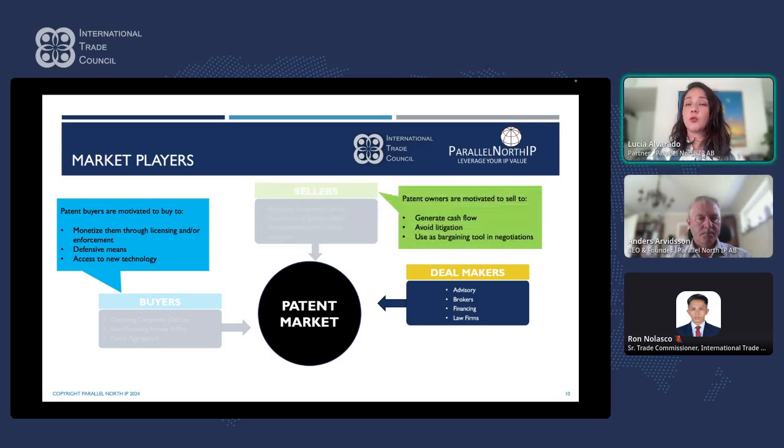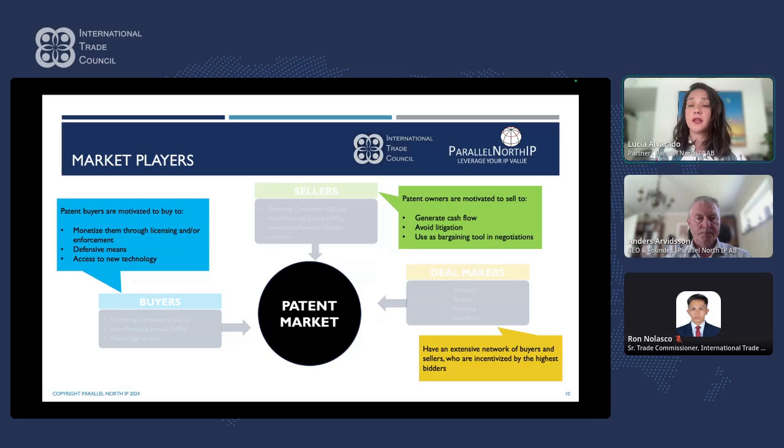So patent owners are motivated to sell because they want to get money, because they want to avoid litigation, given that sometimes these are used as a bargaining tool in negotiations. And then ultimately, the intermediaries, the deal makers, they have an extensive network of buyers and sellers. They're bringing them together, and they are incentivized by the highest bidders.